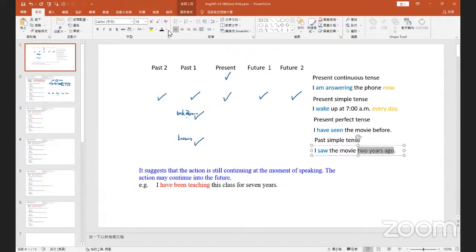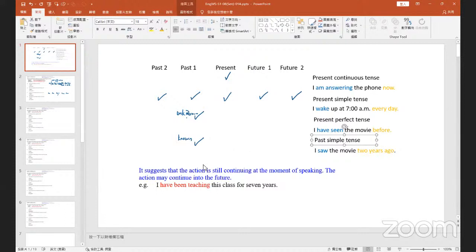If the time is mentioned, the sentence tells you about the time, then you use past simple tense. Otherwise, if time is not given, only say before, when was it? Unknown. Then you use present perfect tense for something that happened in the past. You can use either present perfect tense or past simple tense.